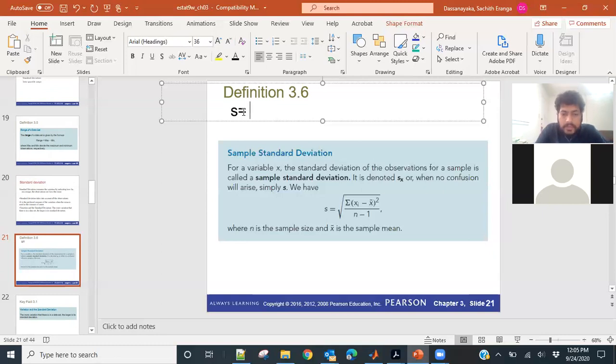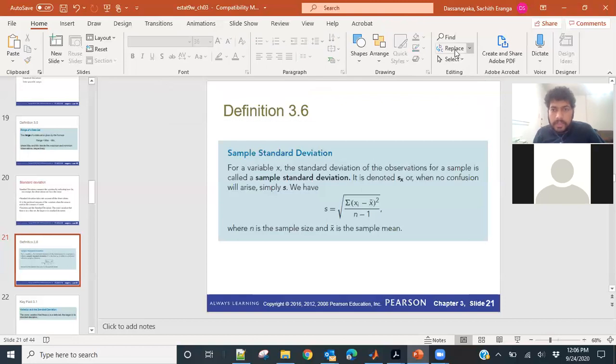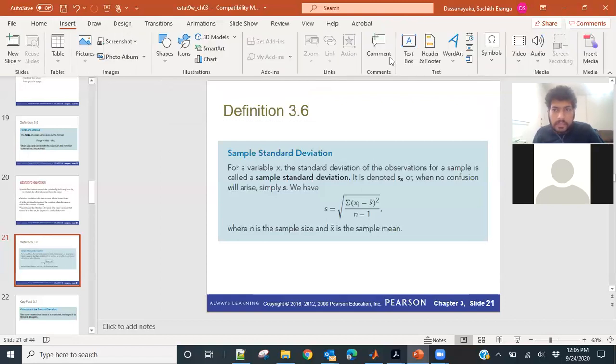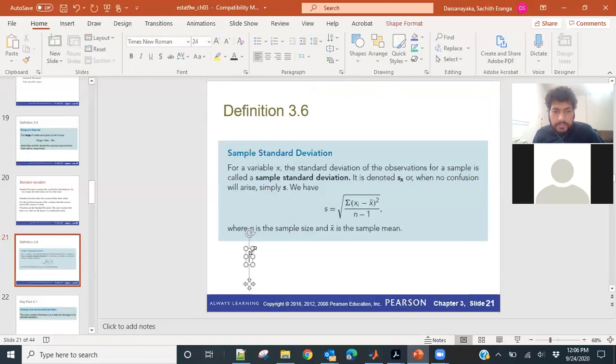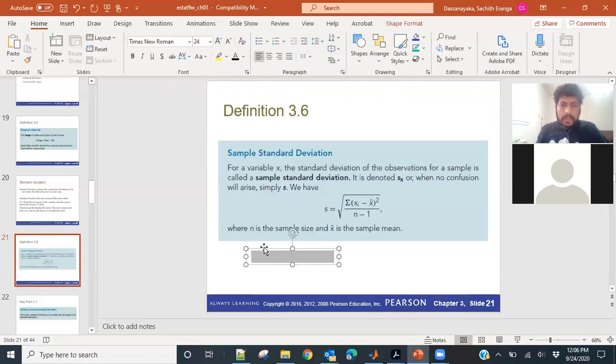Before that, I'll write this one, xi minus x bar. xi means just that particular observation, let's say x1, minus x bar. How do I write the bar? If I use it like this, it is useless. So let me get a text box here. Okay, now I can write it.